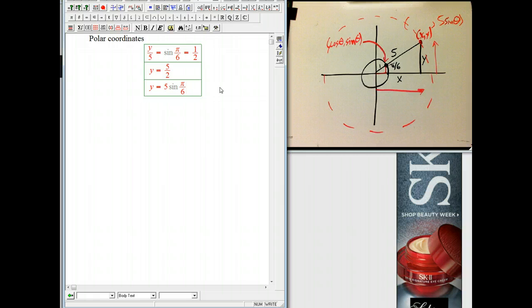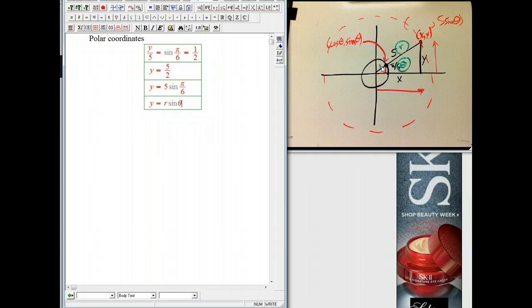Okay. So that's another reason why, here's our general formula. Let's call this r for radius, and let's call this theta for our usual formula for angle. And so our general formula is just going to be its radius or distance, r sine theta.